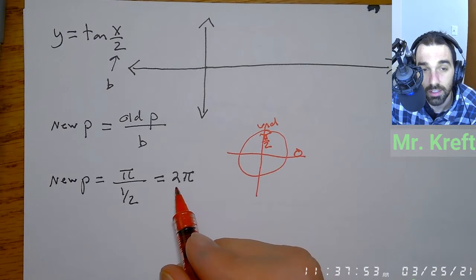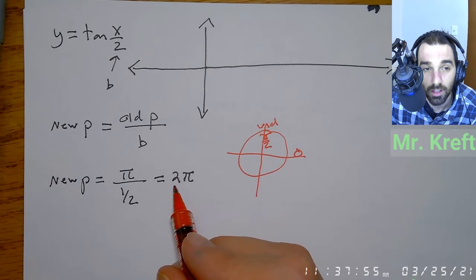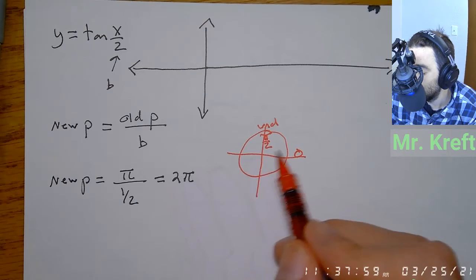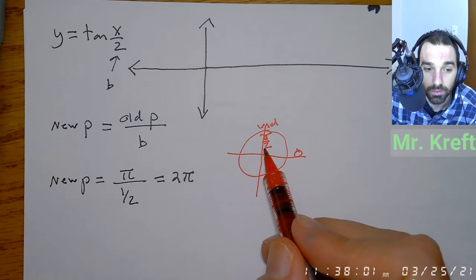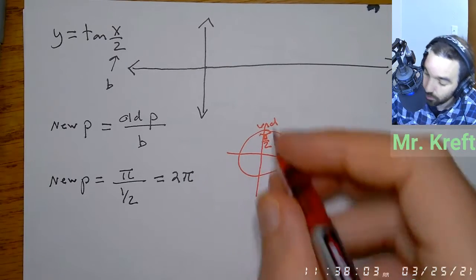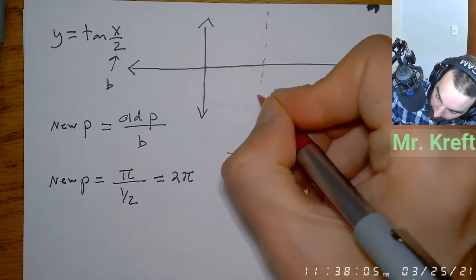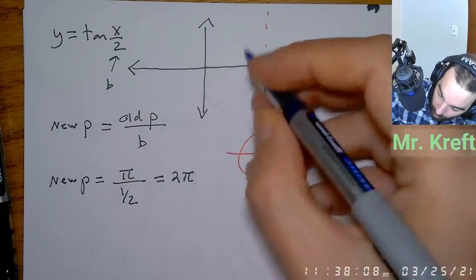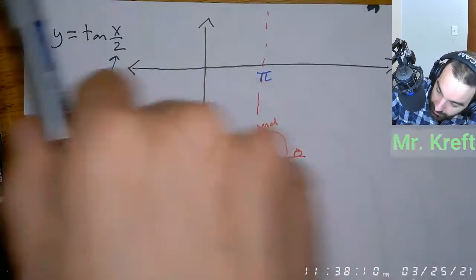Well, if my period is increasing by a factor of 2, I'm dilating by a factor of 2, then I just go 2 times where the old one was. So 2 times pi over 2 is just pi. So now I'm going to have an asymptote at pi.